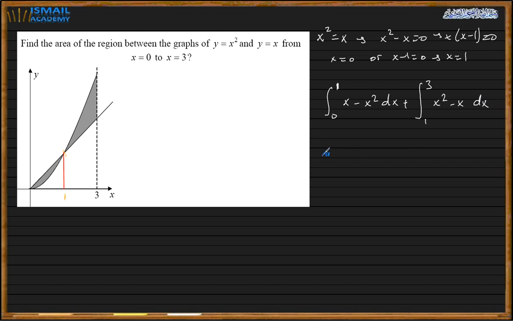Now I integrate: x squared over 2 minus x cubed over 3 from 0 to 1, plus x cubed over 3 minus x squared over 2 from 1 to 3. Now we just need to substitute and see what we get.